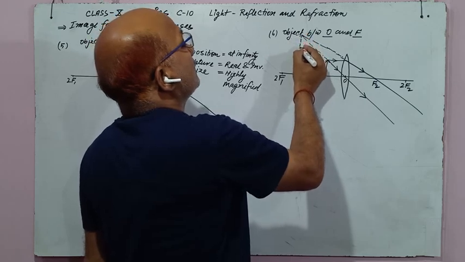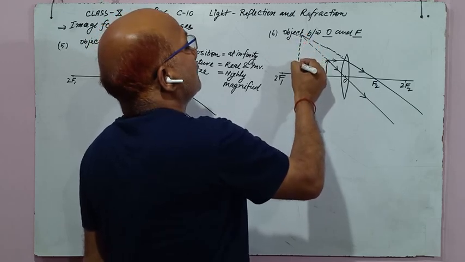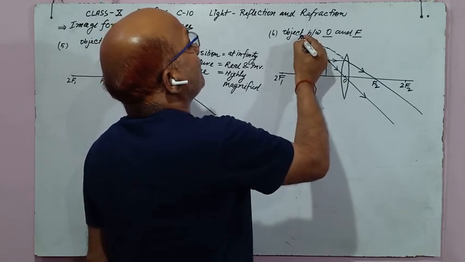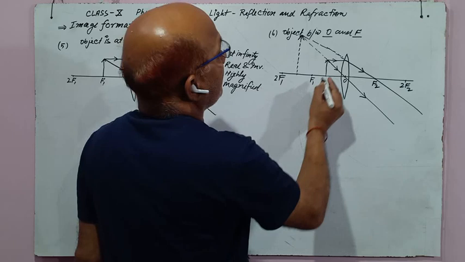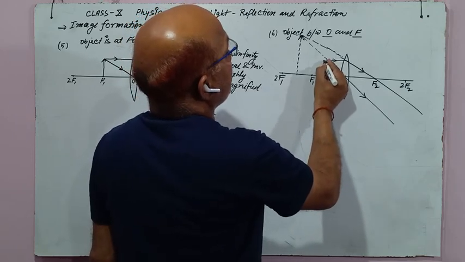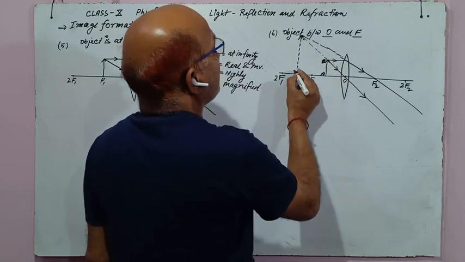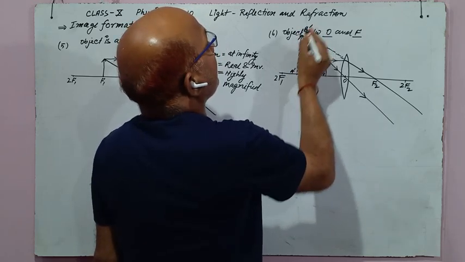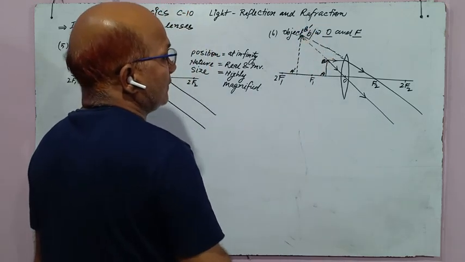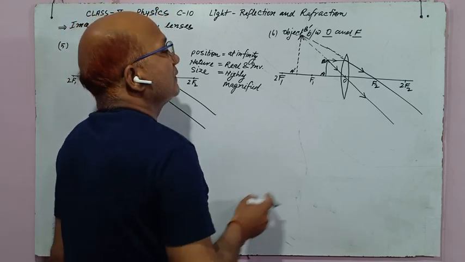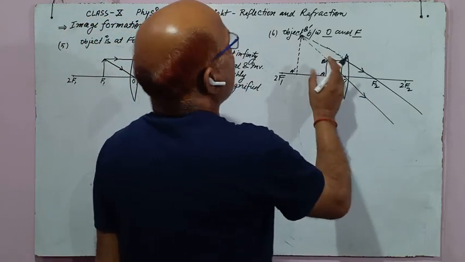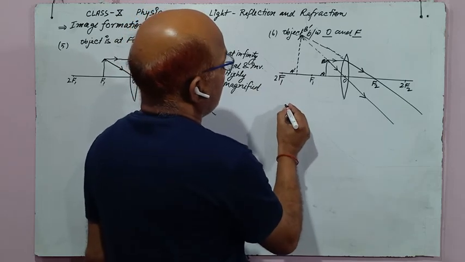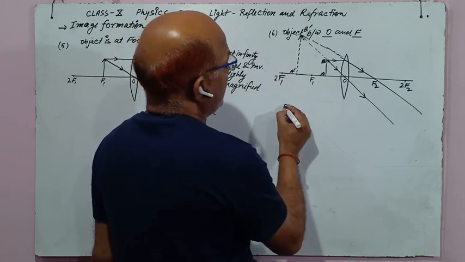So here is the image. Let this is object AB. So A dash, B dash is image. So in this case, we can see that the image is on the same side of object.